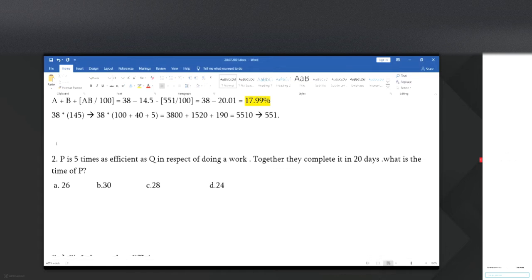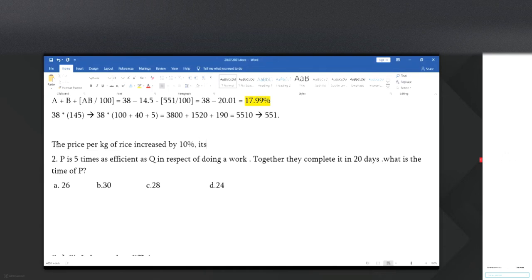Let's say the price per kg of rice increased by 10 percentage. The price paid per kg of rice increased by 10 percentage.